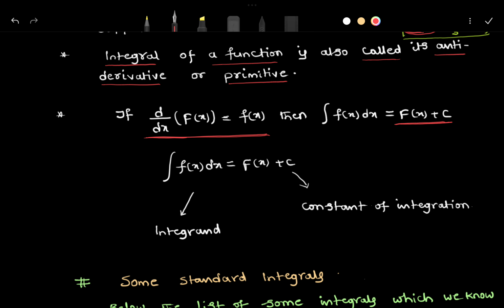Now, we discussed some notations: f of x is called the integrand, and c is known as the constant of integration. So this is the meaning of this.